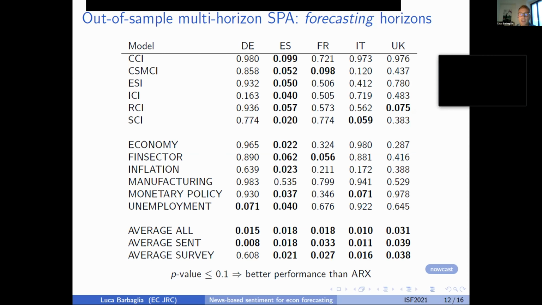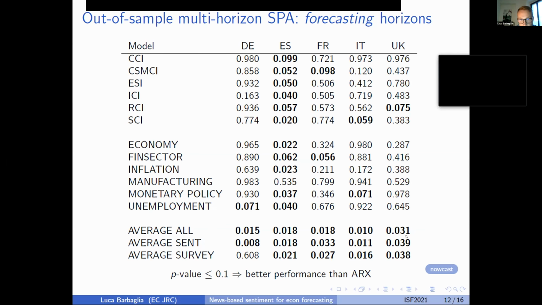And we see that apart from the Spanish case, where we are pretty much always doing better than the ARX benchmark, the sentiment measures based on news are actually useful for the forecasting horizons that we are considering in this table. For instance, take the example of unemployment in Germany, or financial sector in France, or monetary policy in Italy.